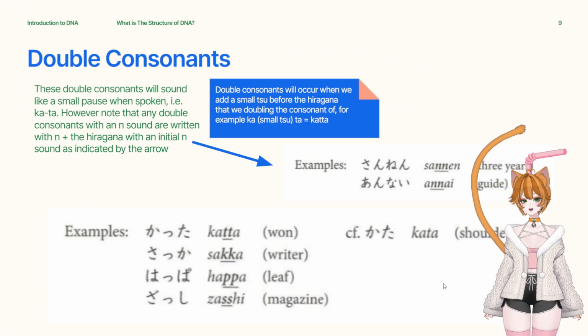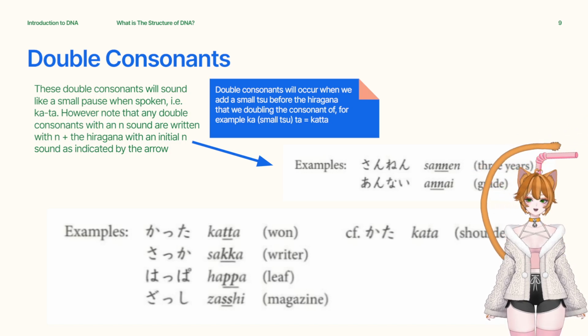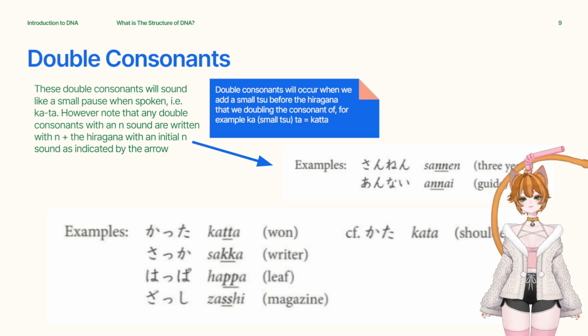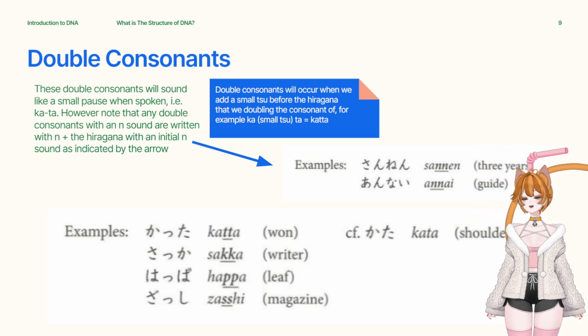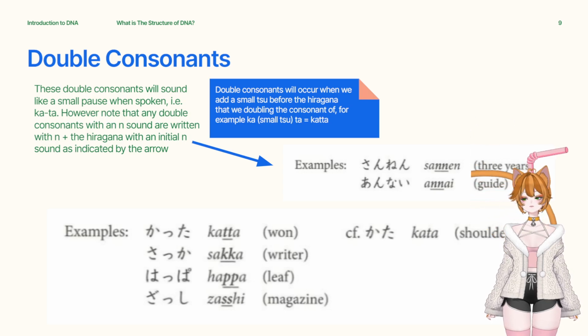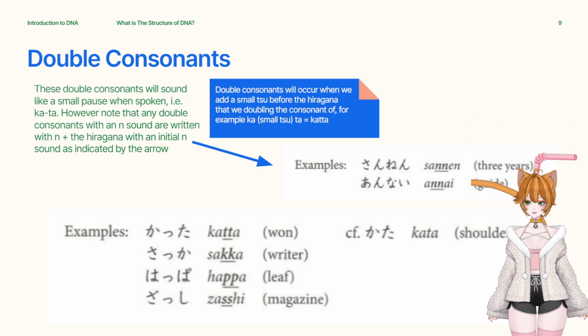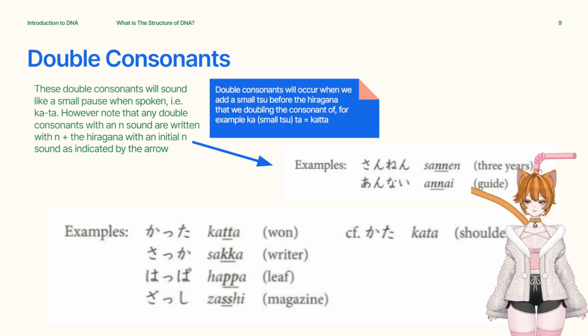The next thing that we're going to talk about is double consonants. Double consonants occur when we add a small tsu between hiragana. It sounds like a small break when we speak. So for example, kitta, kitta. That is because we have a double T there.